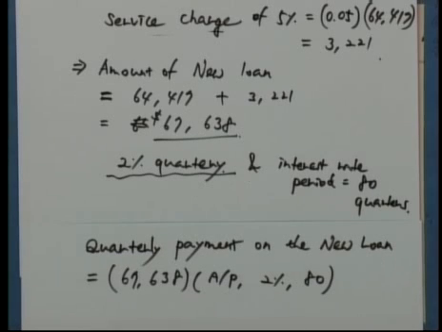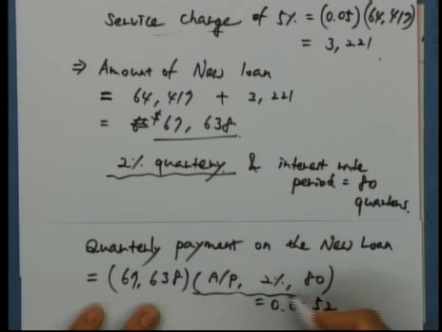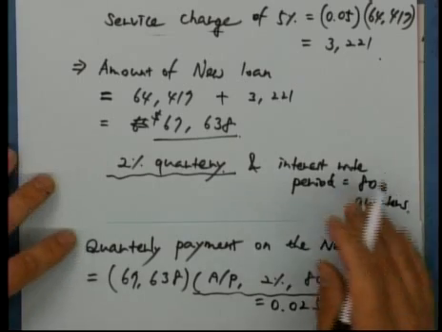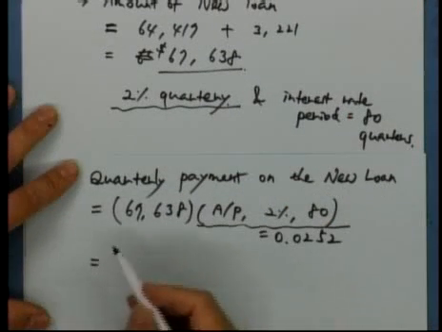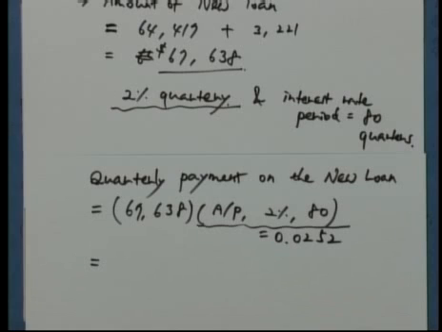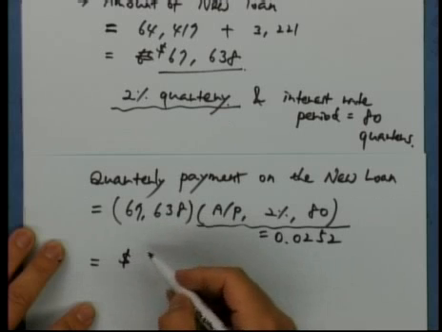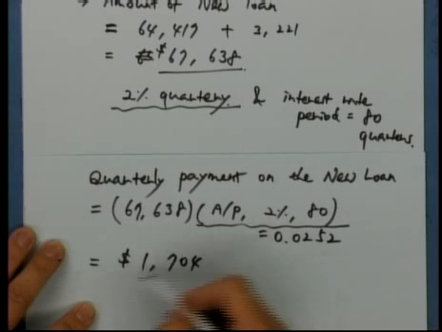So A given P, 2% over 80 periods is 0.0252. Okay? So how much is this? This is $1,704. Okay?